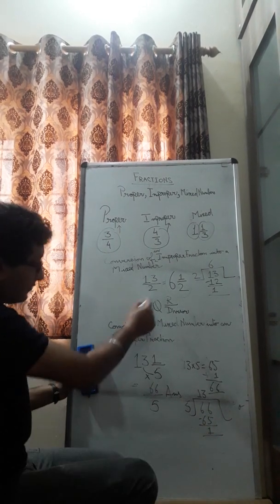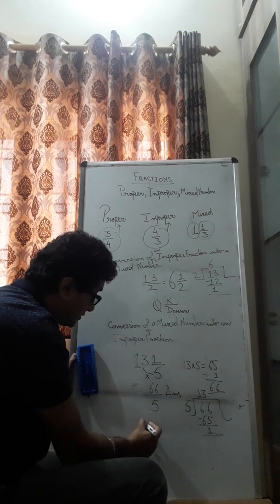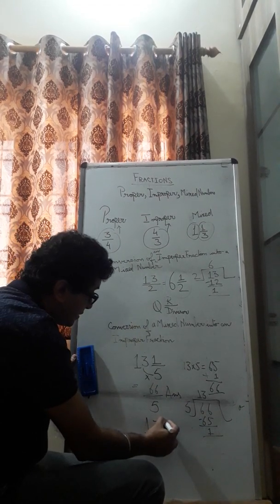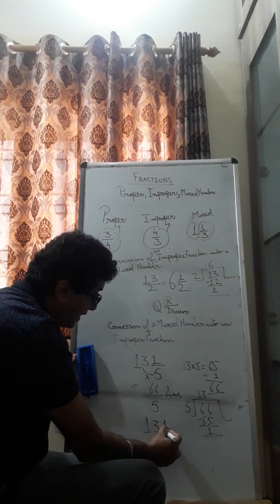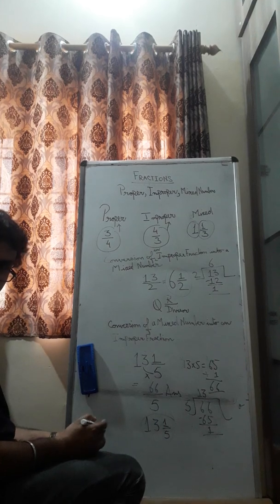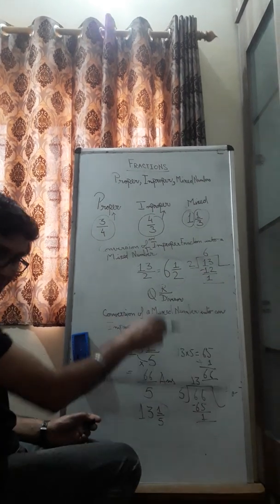And the formula: what was the quotient? 13. What was the remainder? 1. And what was the divisor? 5. So we are right. We have calculated it correctly. You can recheck it if you want.